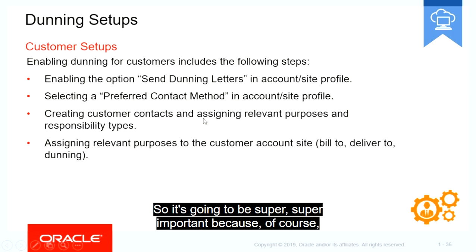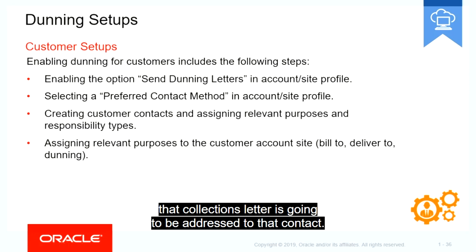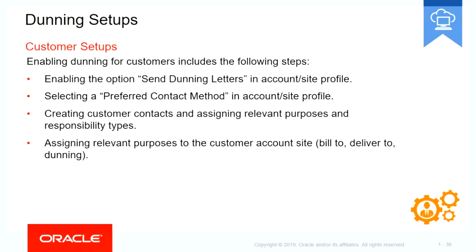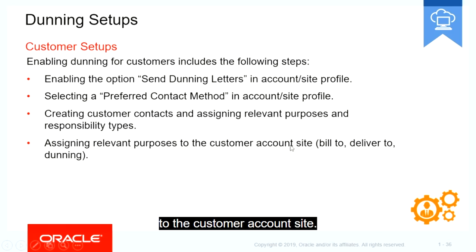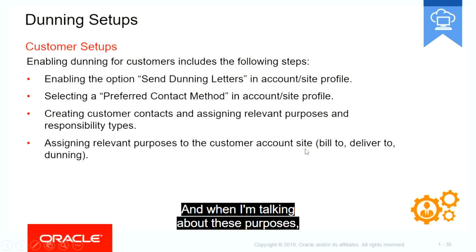It's going to be super, super important because, of course, that collections letter is going to be addressed to that contact. In addition to this, you need to assign relevant purposes to the customer account site. And when I'm talking about these purposes, I'm thinking about bill to, deliver to, Dunning, etc. So let's take a look at a sample customer.